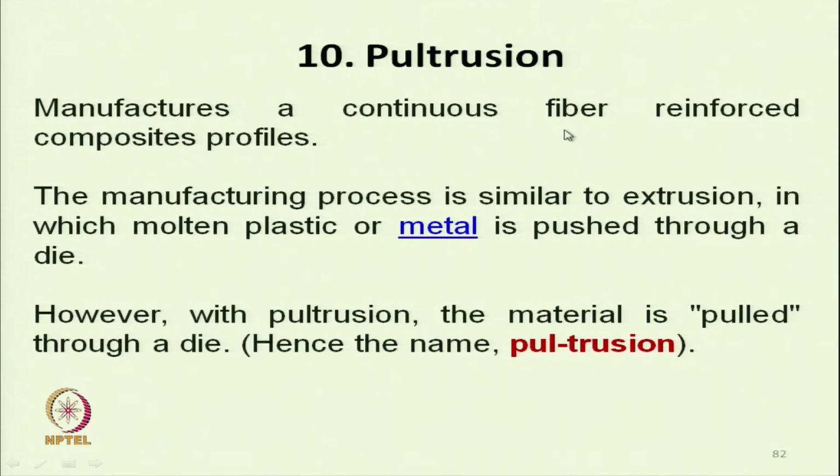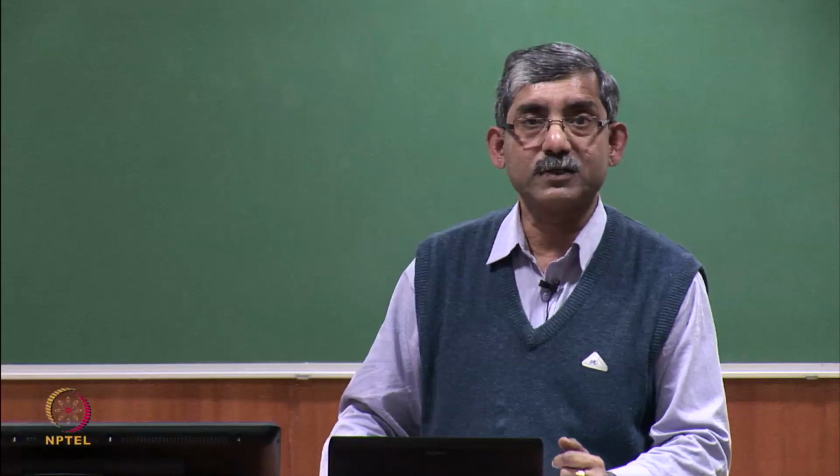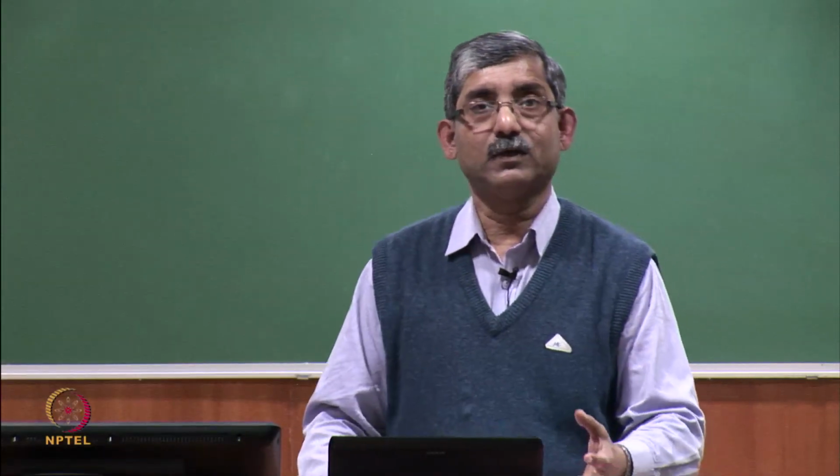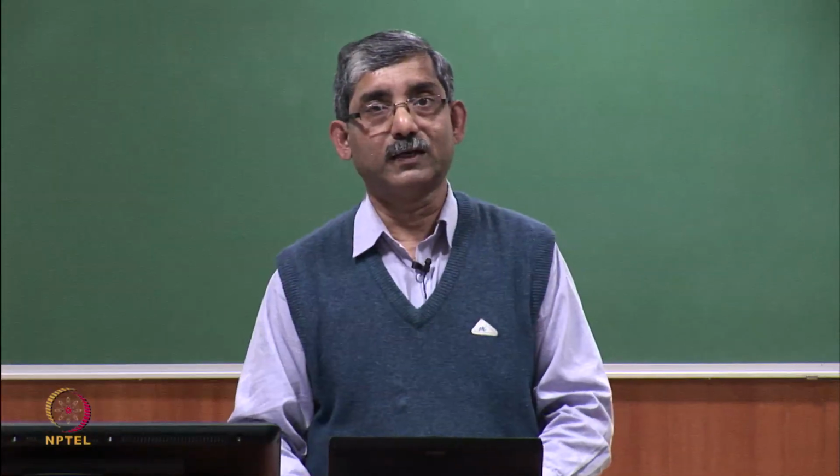So, continuous fiber reinforced composite is produced here. The manufacturing process is similar to extrusion, in which molten plastic or metal is pushed through the die, but here the reinforcing fiber filament along with the resin will be pulled through the die.